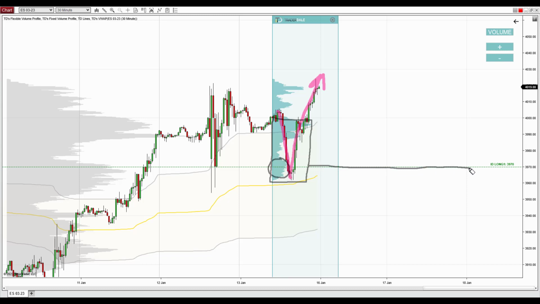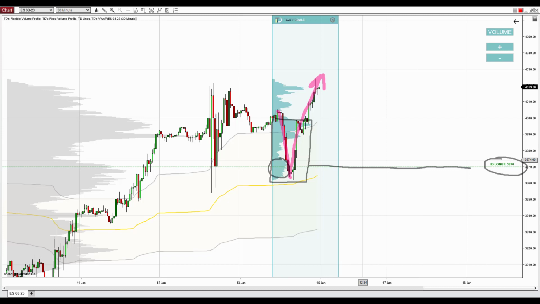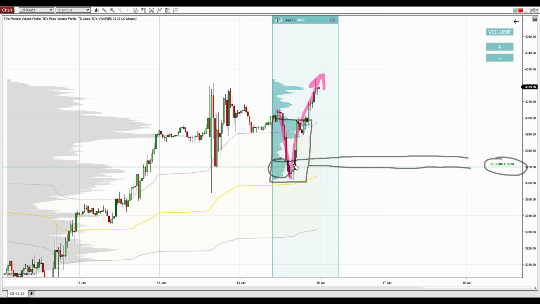In this case, the volume cluster is at 39.70. You can even go a little bit higher and trade this from 39.74, so you are sure that you don't miss the trade. Maybe the price will just touch the volume cluster and react from there, which would result in a missed opportunity if you are trading from 39.70.